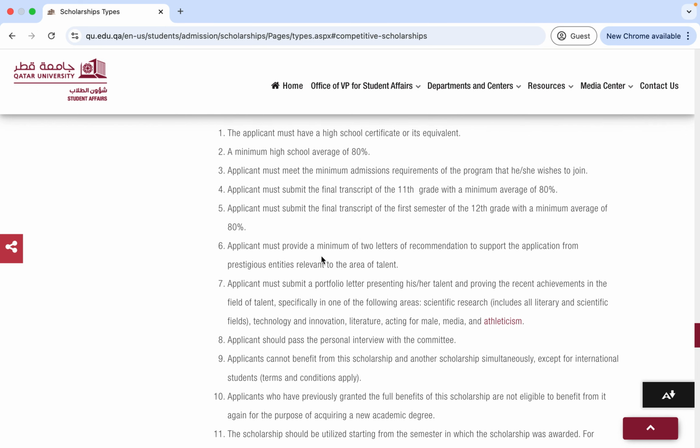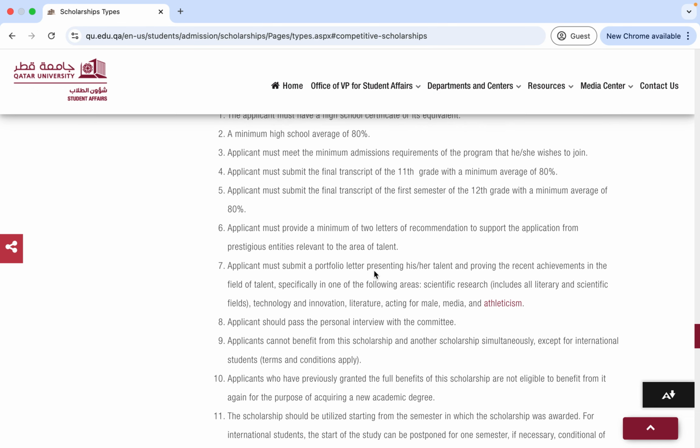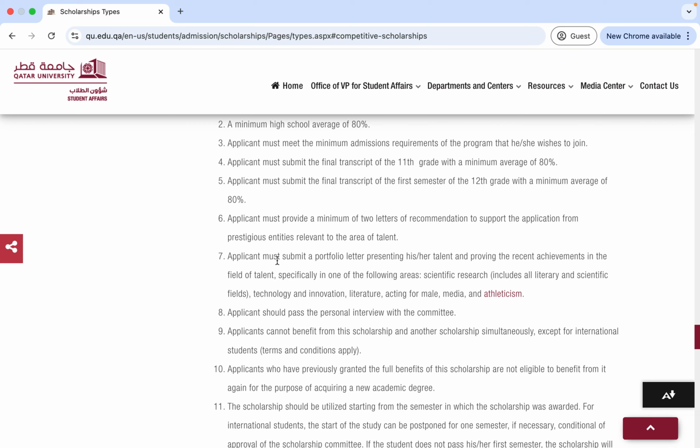Applicants must provide a minimum of 2 letters of recommendation to support the application from prestigious entities relevant to the area of talent. Applicants must submit a portfolio letter presenting his or her talents and proving recent achievements in the field of talent, especially in one of the following areas: scientific research, which includes all literary and scientific fields, technology and innovation, literature, acting, media, and athleticism.